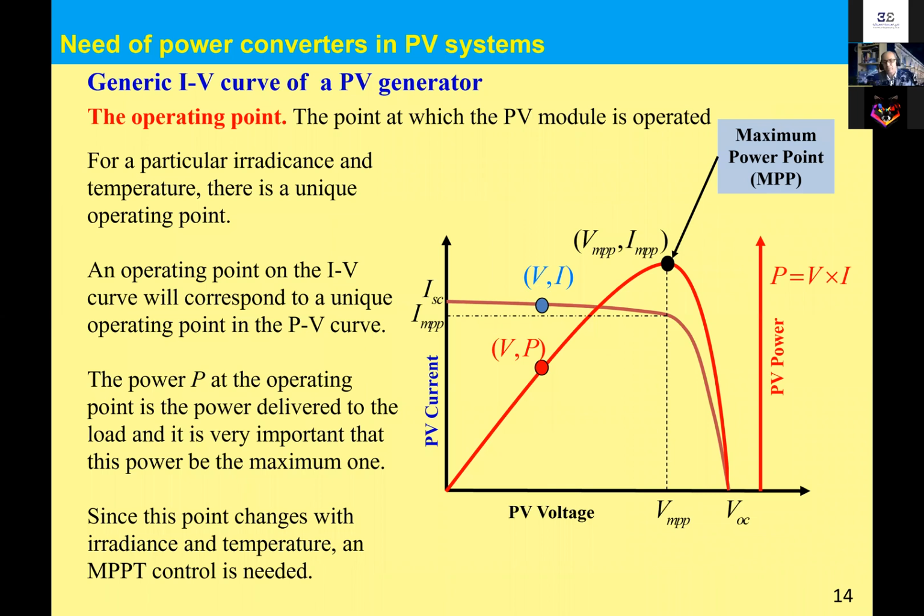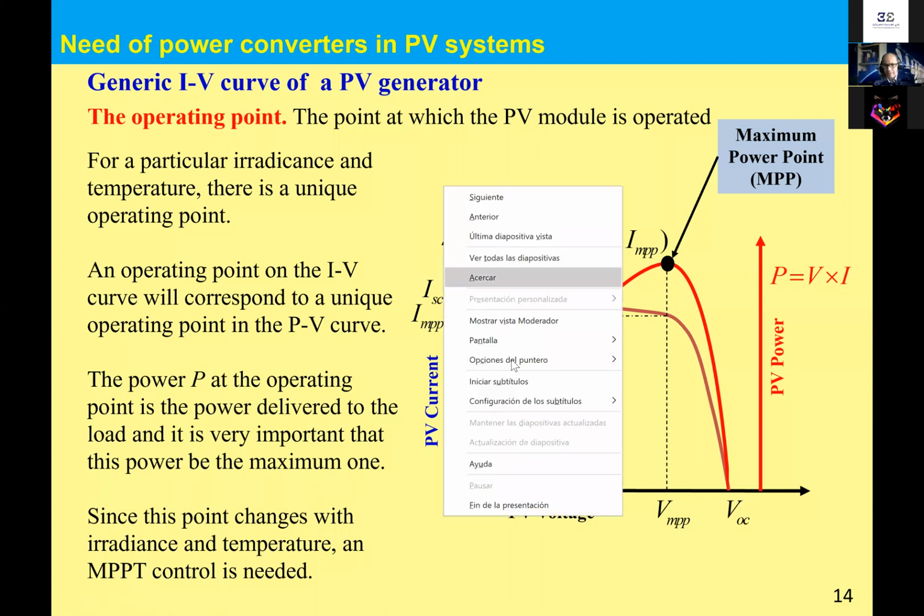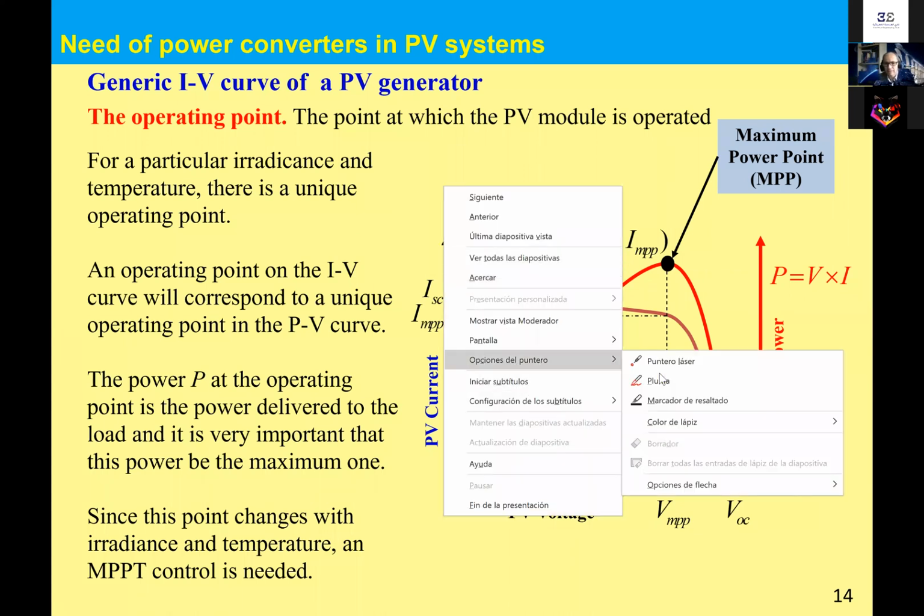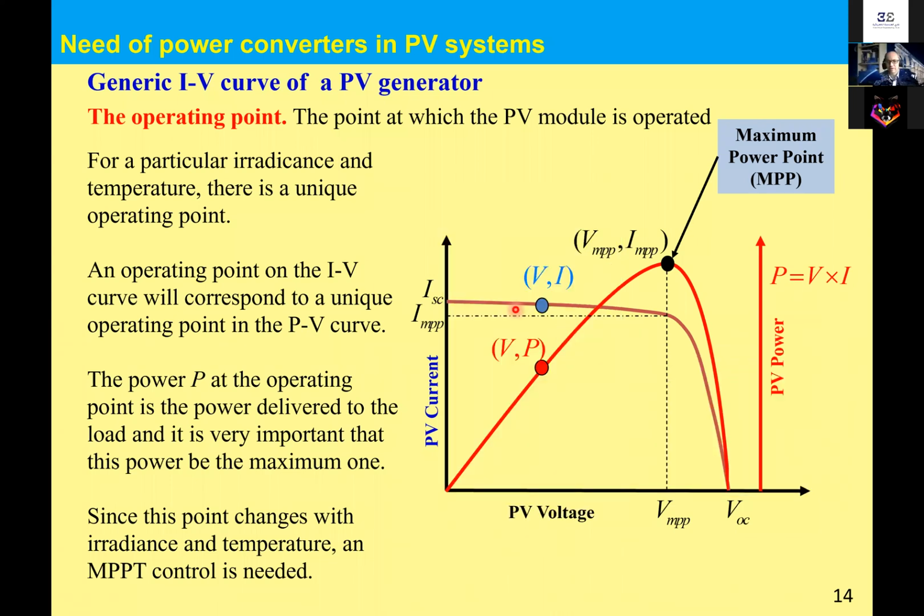So the most important aspect of a PV system is the PV generator. The main problem of PV generators is their nonlinearity. They are neither a current source nor a voltage source, but they have a nonlinear voltage-current characteristic.